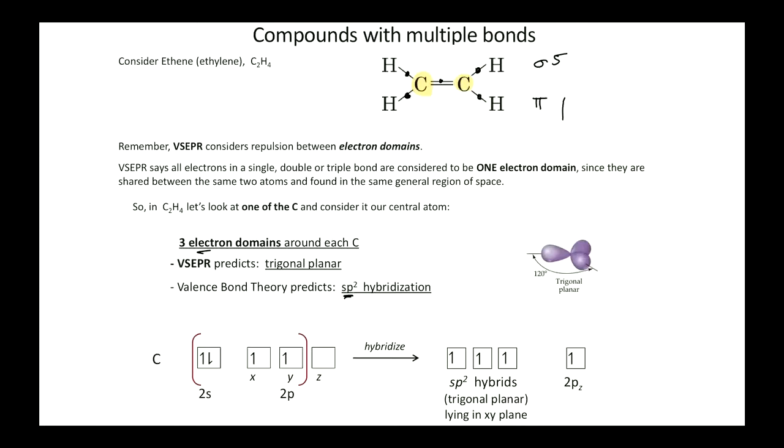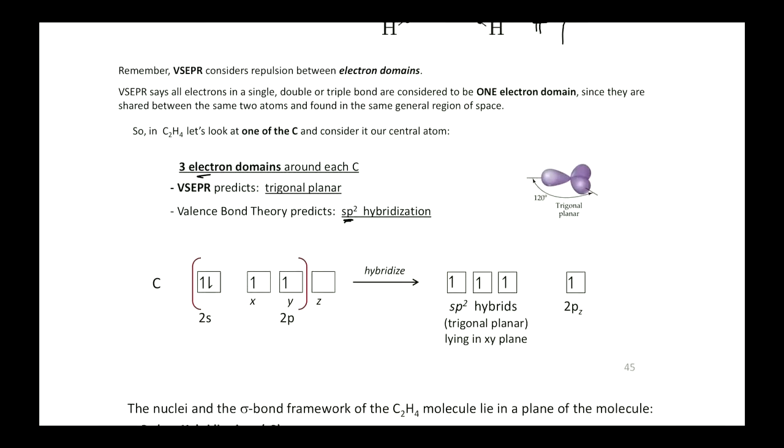So if we draw the hybridization, if there's 3 electron domains, we combine 3 atomic orbitals to get how many hybrid orbitals out? 3. So since we only combined 3 of the atomic orbitals, we're left with 1. It's left over. You see that it still stays there, it's still part of the diagram.